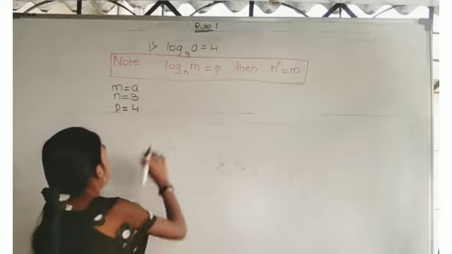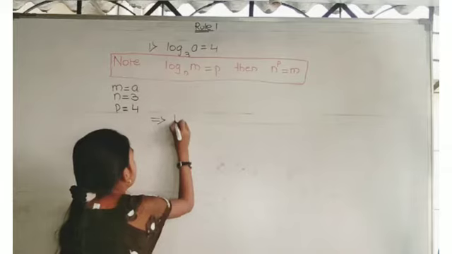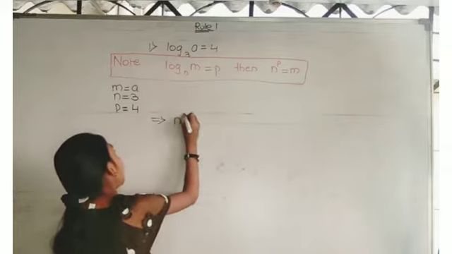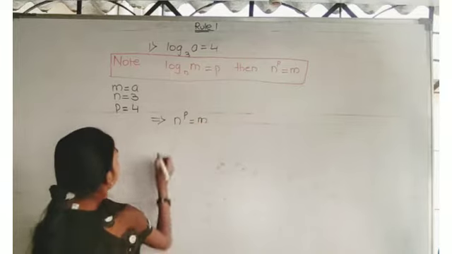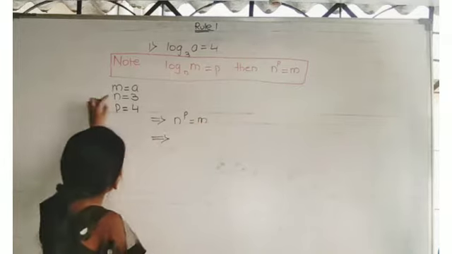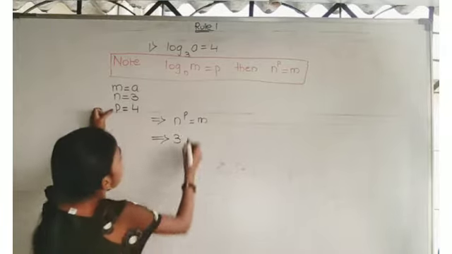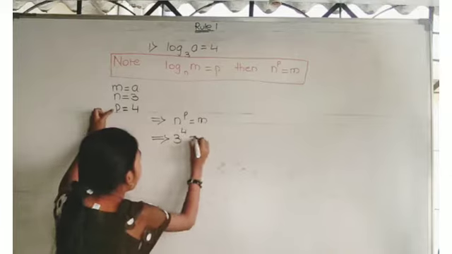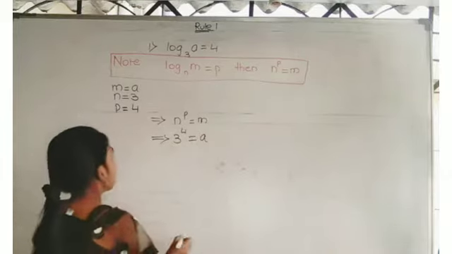So we are going to solve in the simple form, which is n raised to p is equal to m. So n value is 3, p value is 4 and the value of m is a.